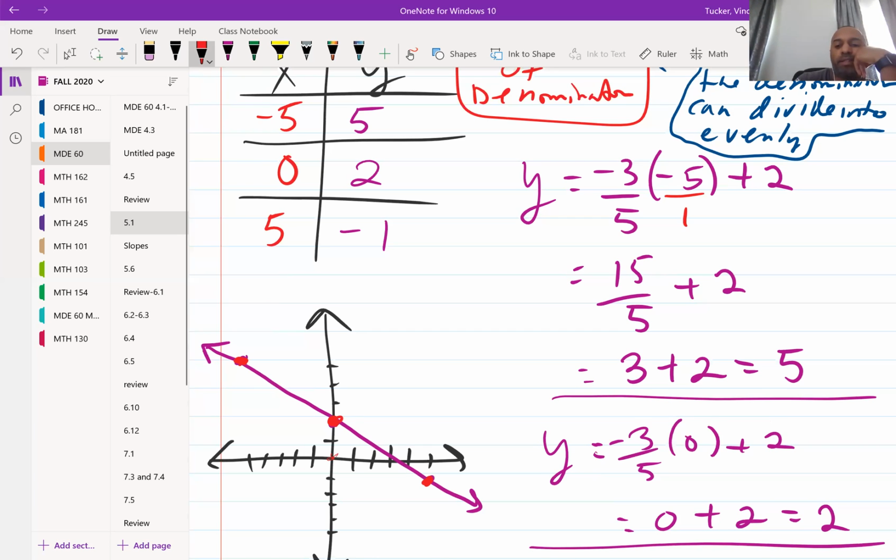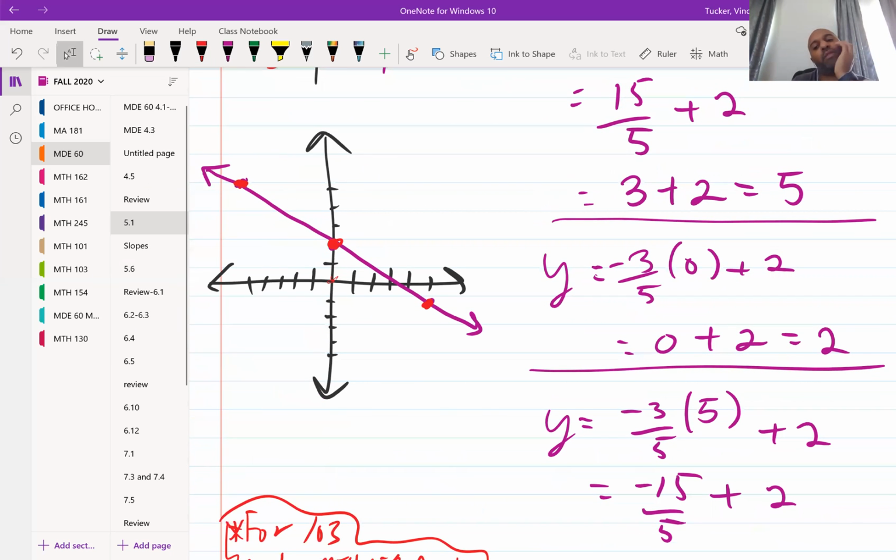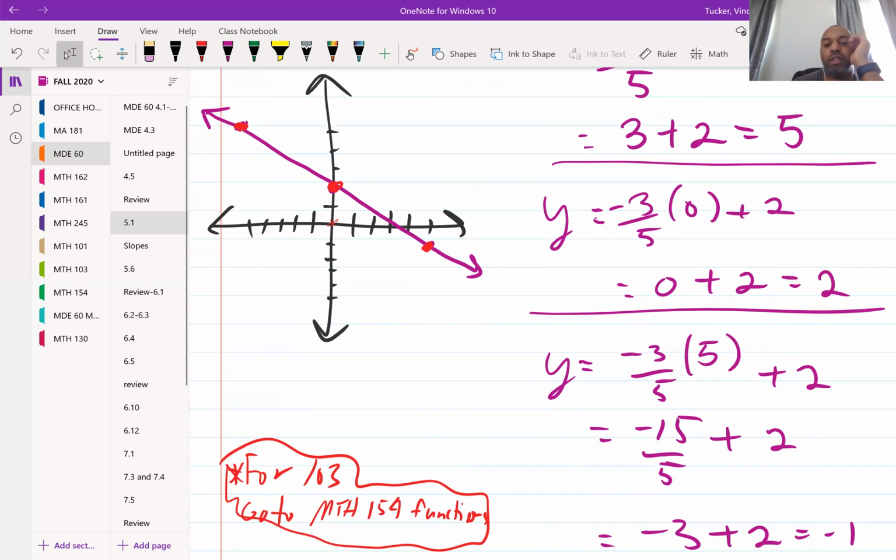Then plugging in +5. Same thing, -3 over 5 times 5 is -15 over 5. -15 over 5 gives you -3, and -3 plus 2 is -1.